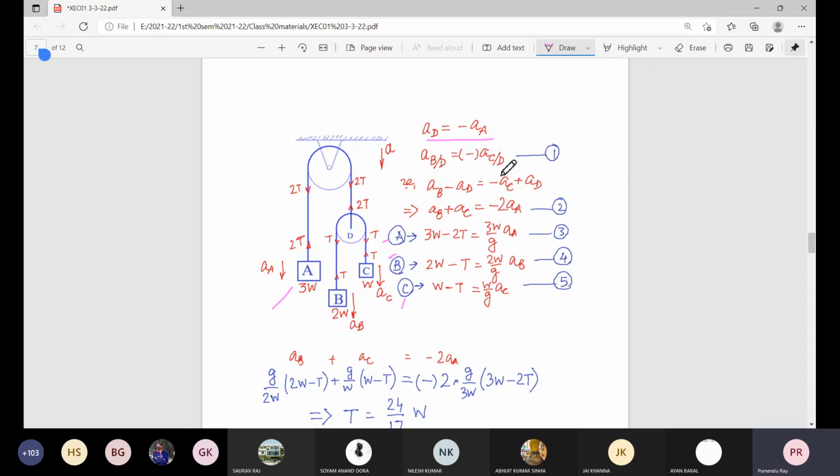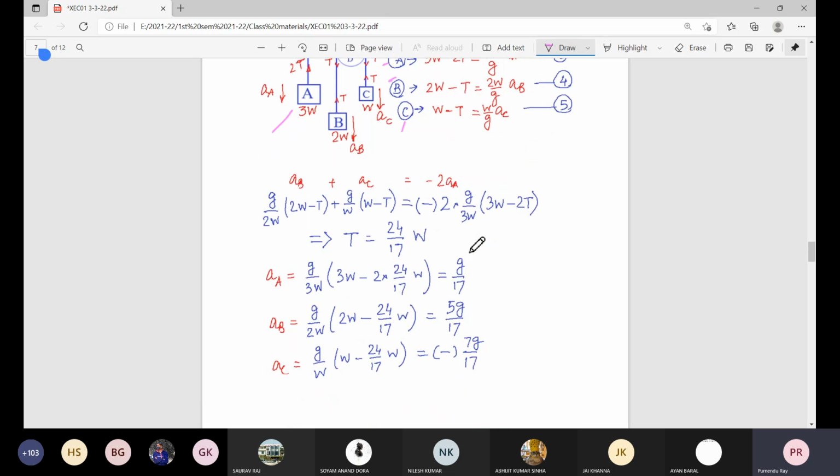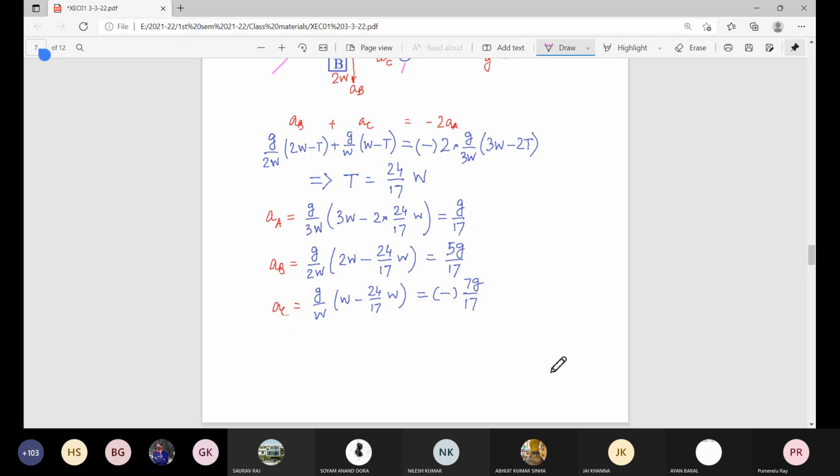Those are given by that relation in equation 1. Now you simply change the shape of this information.